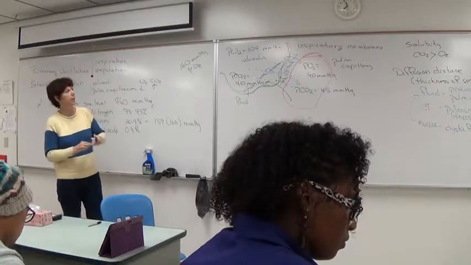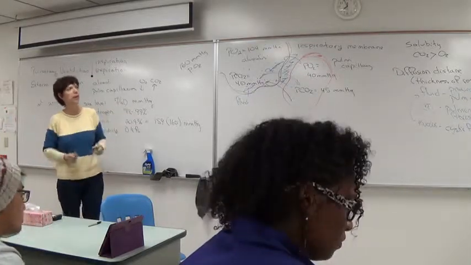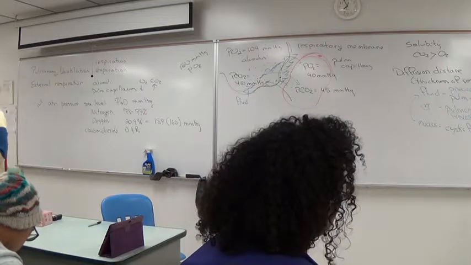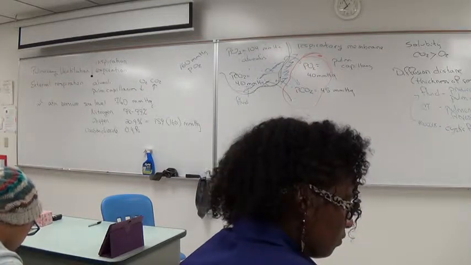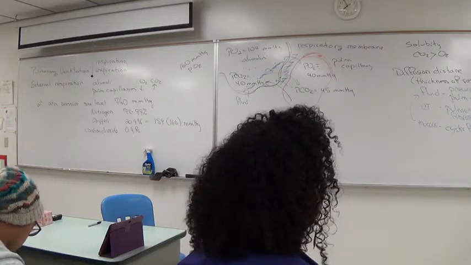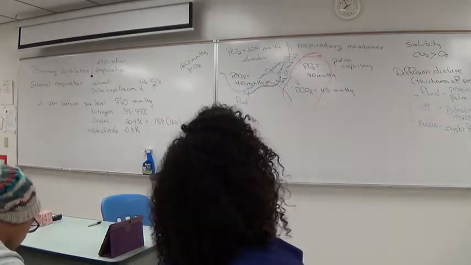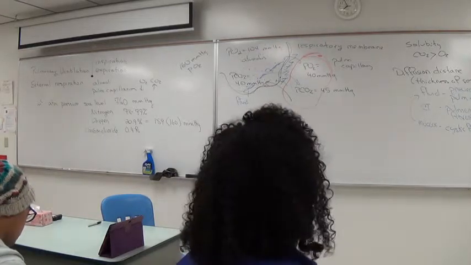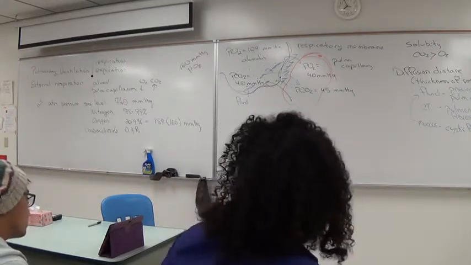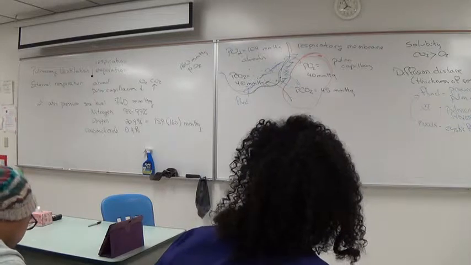Okay. So let's take a moment here. If we have an increased diffusion distance, okay, what's going to happen to the PO2 in our capillaries? It's leaving the lungs. It's going to be lower. All right, what's going to happen to the CO2? It's going to be higher, all right, because it hasn't been able to diffuse out.